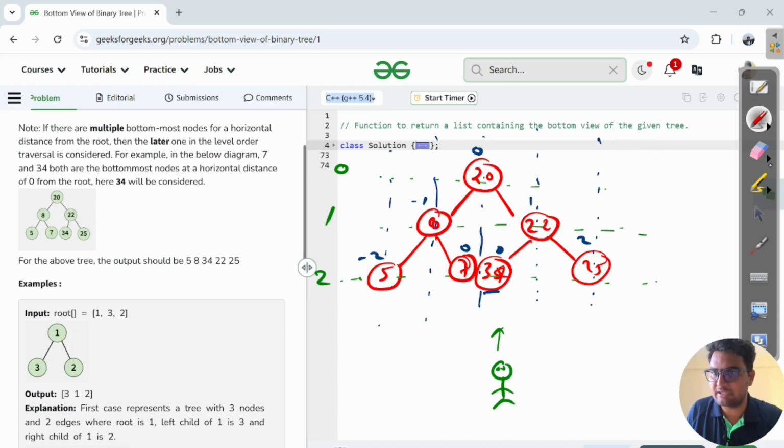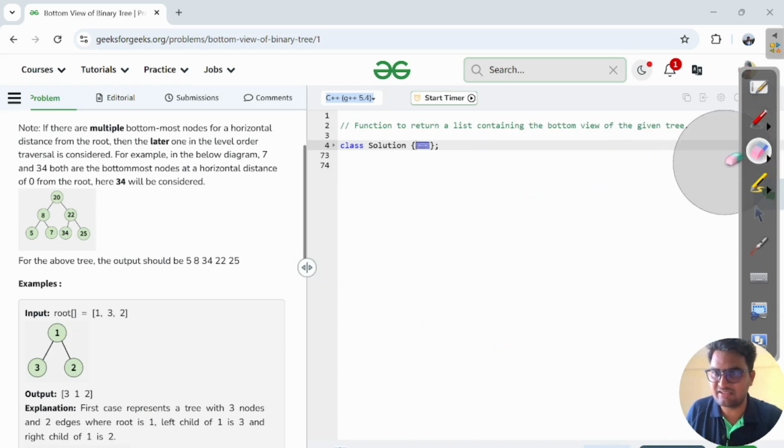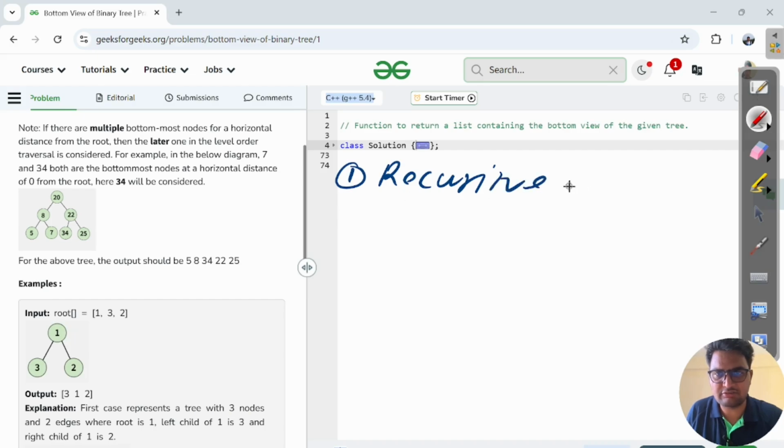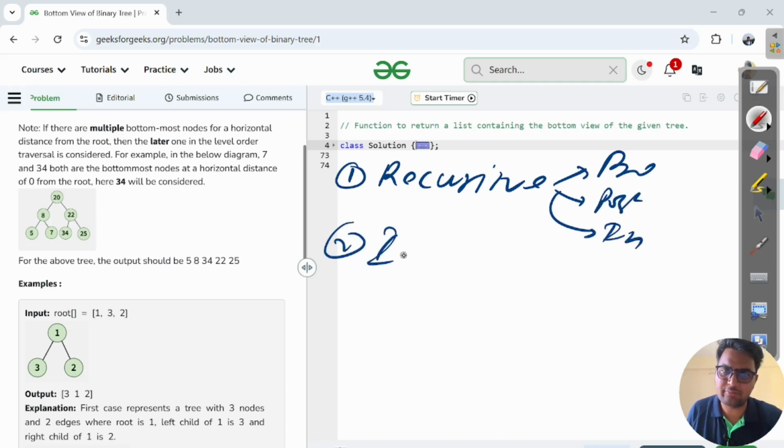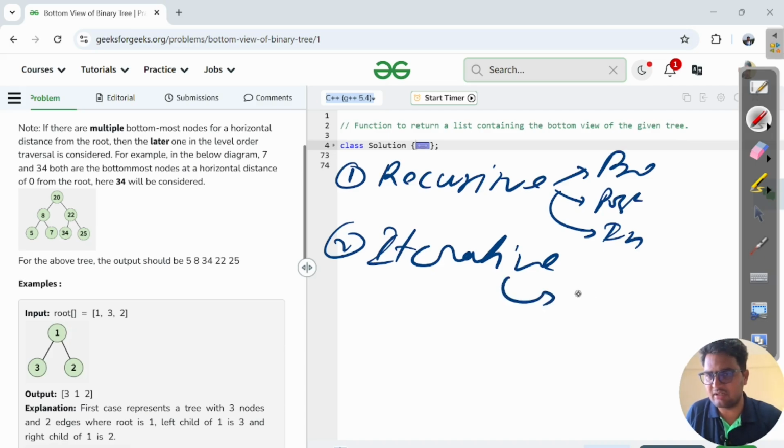So here there are multiple solutions. What I consider is, the first one is we can make use of the recursive approaches, like pre-order, post-order, or in-order, and the iterative approach we can apply here, that is the level order traversal.